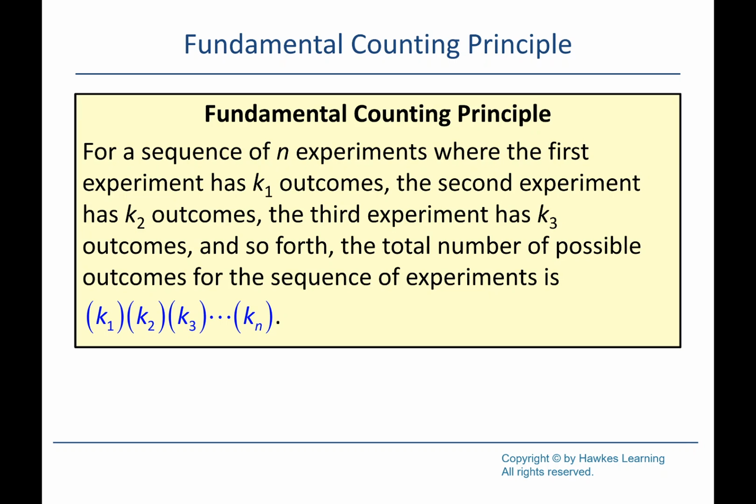With this fundamental counting principle, what we're saying is if we have multiple experiments going on, it makes it harder to count how many outcomes we have.